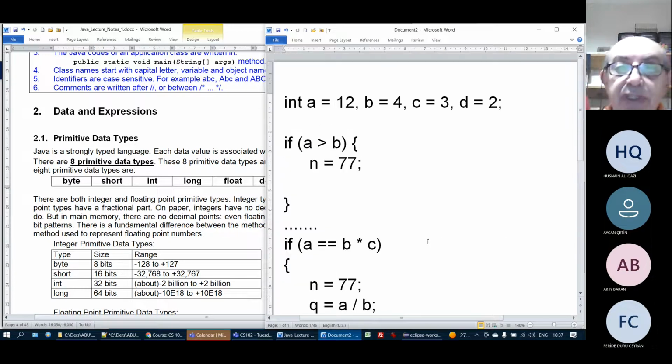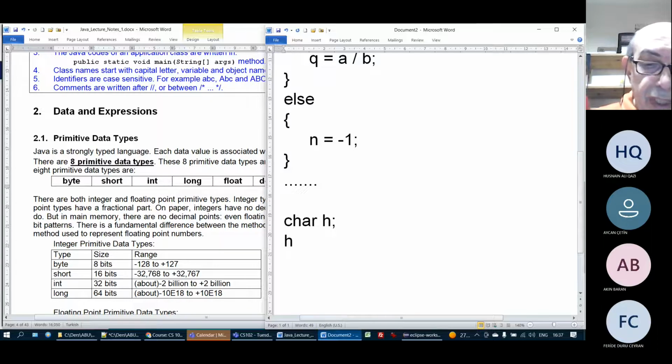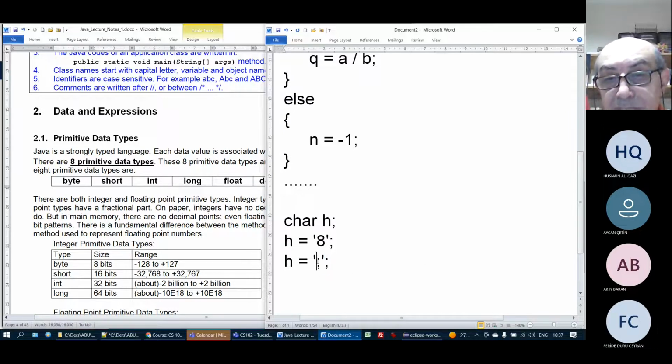If I specify a char variable, char h, for example, I can assign a character to h by using single quotation marks and a single character. 8, character 8, for example. Or h is equal to semicolon, for example. Don't mix. This semicolon ends the statement. This semicolon is a character that is assigned to variable h.